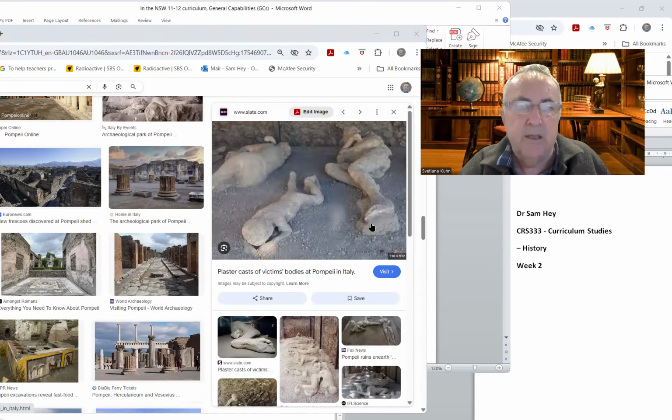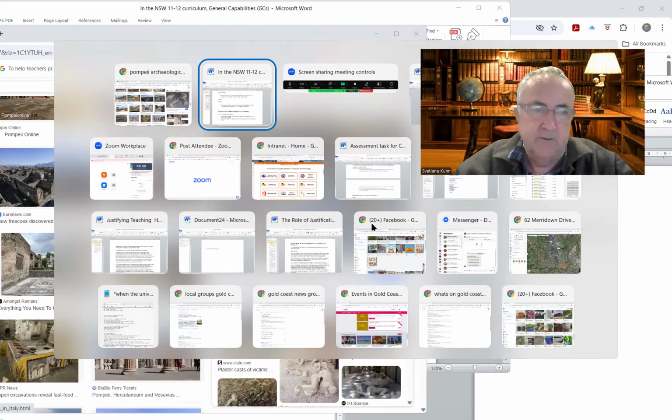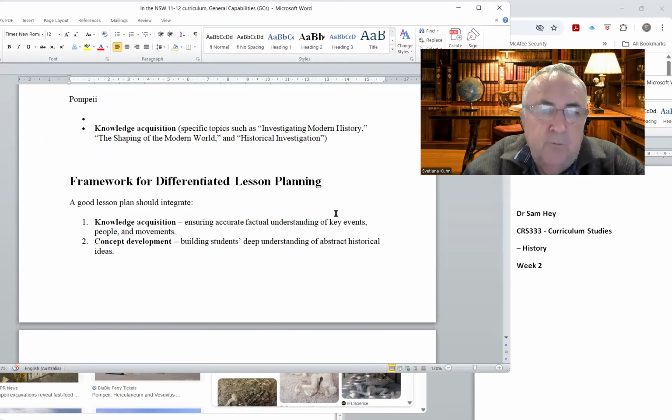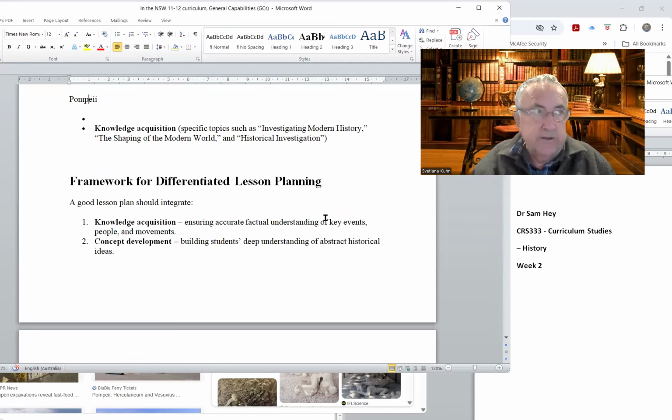So archaeology provides powerful insights into what things were, and students can be introduced to these archaeological artifacts, and they can experience for themselves the world as it was all these years ago. And of course, you can go online and you can read Plato and the ancient Greeks.